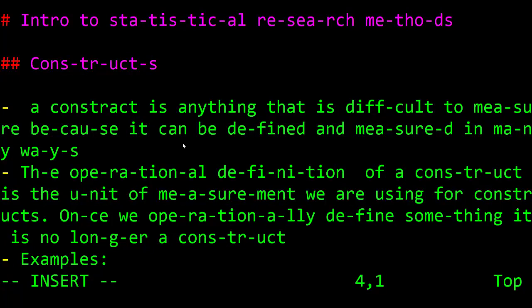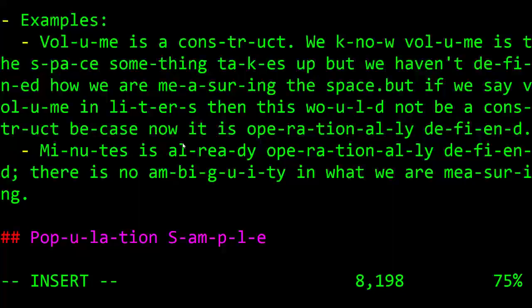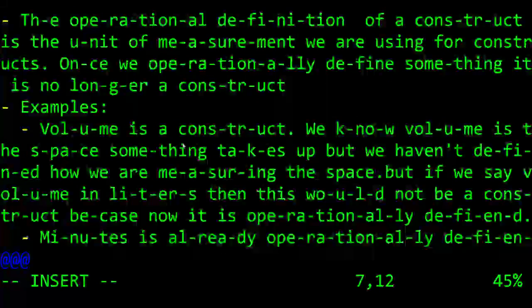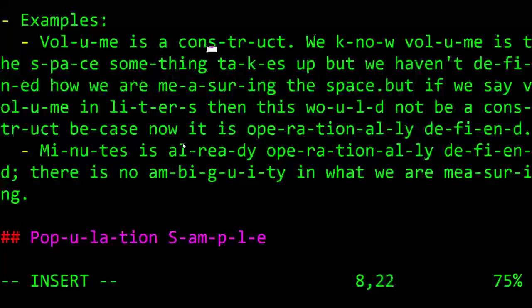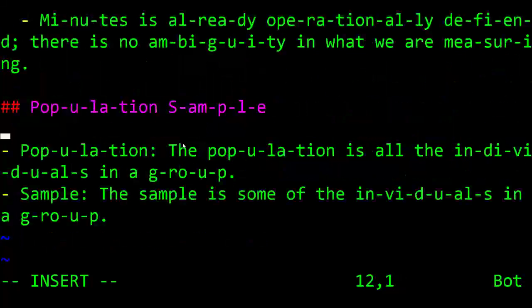If we decide which one, it will no longer be a construct because it will not fit the definition. It's like the liters and the volume. The volume can be measured in many ways, but if we say a specific unit we will be using in this measurement, it will no longer be a construct.